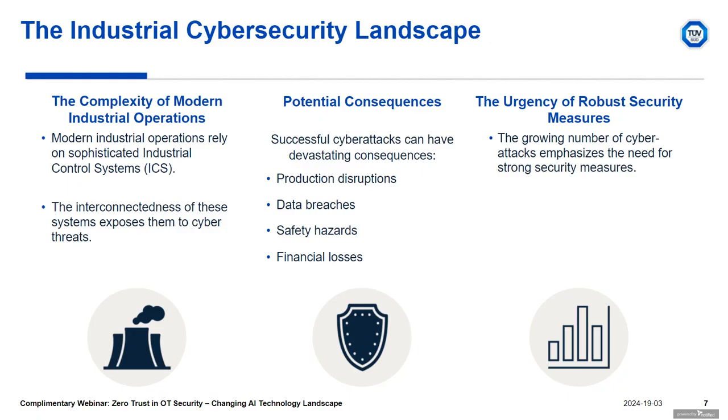Considering today's industrial control systems, the modern industrial system is the backbone for managing and automating critical processes across various sectors, whether power generation, refineries, manufacturing plants, or water treatment facilities. The potential consequences in a modern ICS environment come from a successful cyber attack.